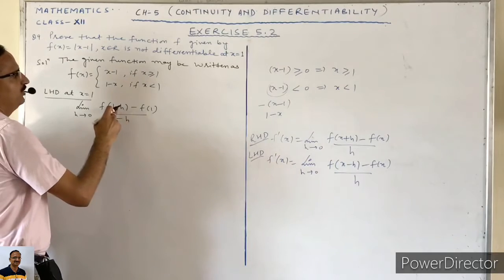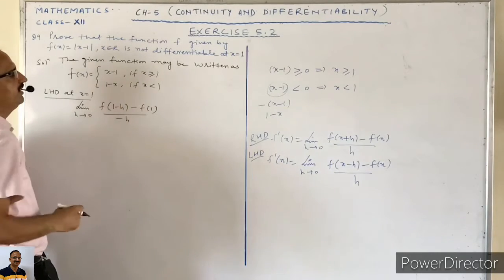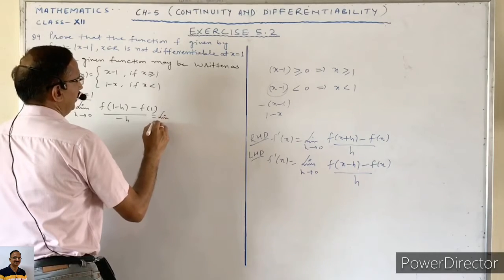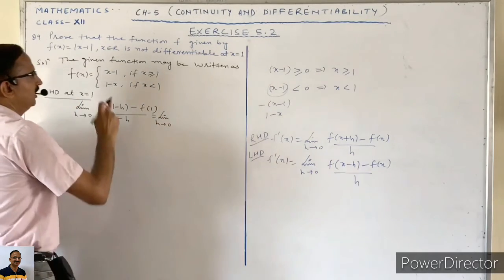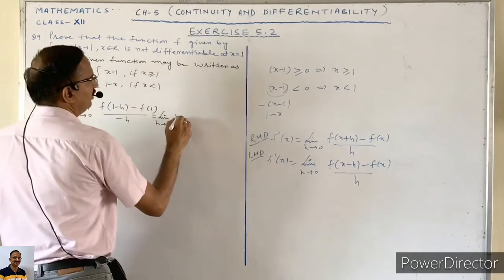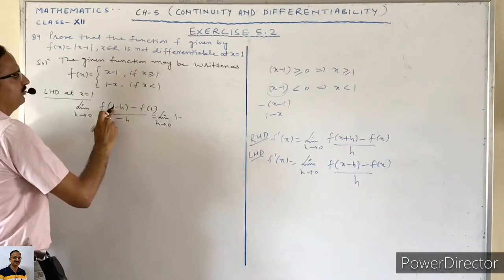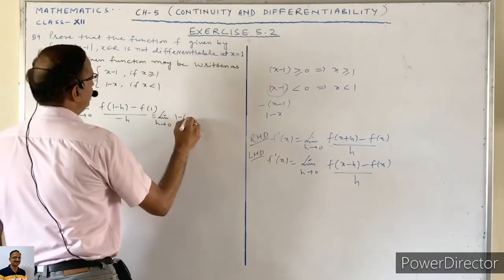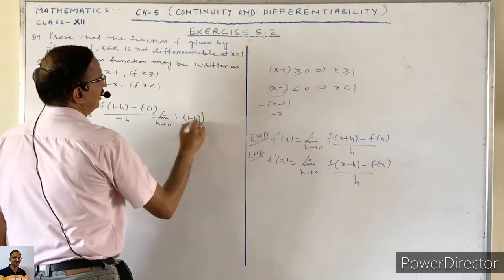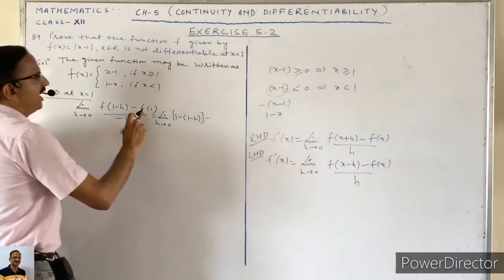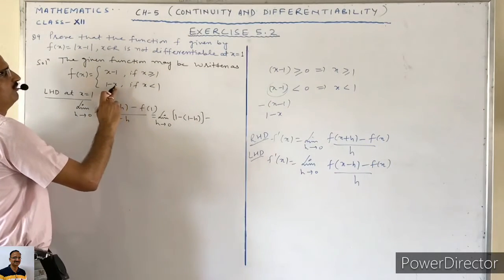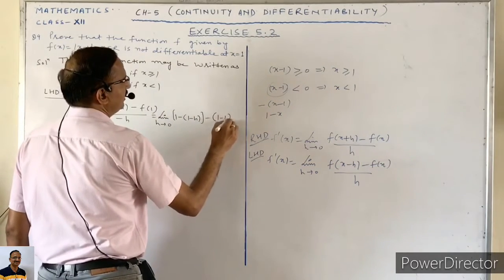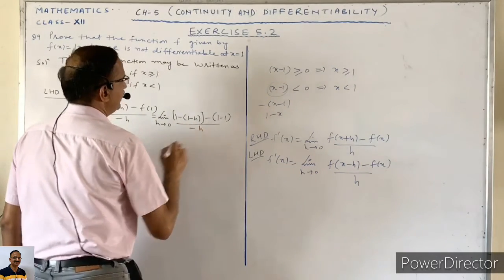Now when we put these values in the given function, we get limit h tends to 0, 1 minus (1 minus h), because we write 1 minus h in place of x, minus f(1). So we will put 1 in place of x, so the value is 1 minus 1, by minus h.